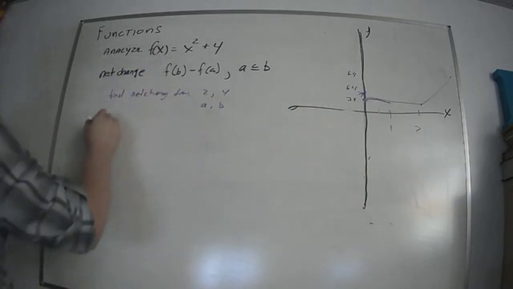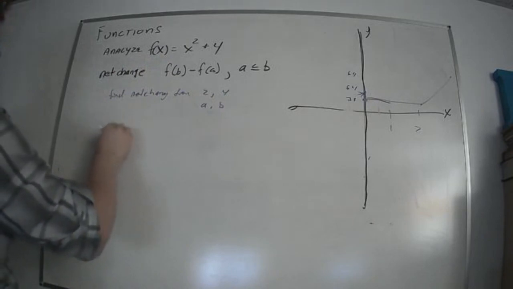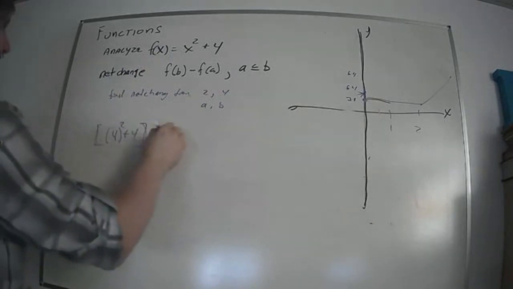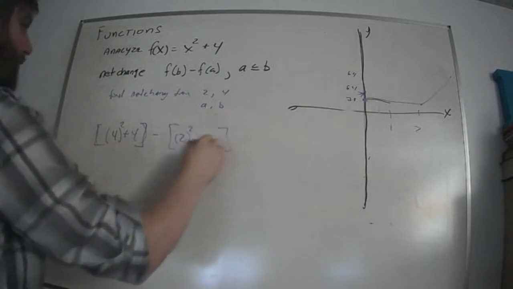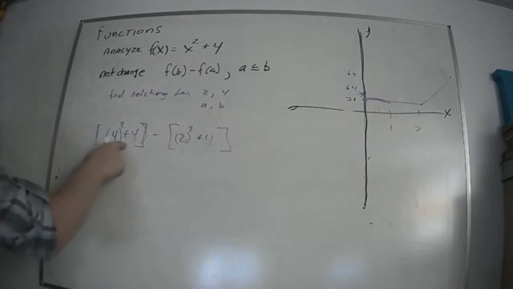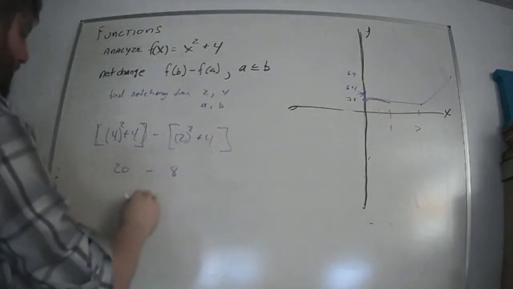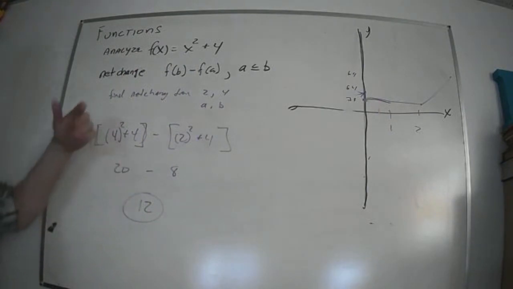I have f of B equals 4 squared plus 4, minus f of A, which is 2 squared plus 4. All right. So 4 squared is 16, plus 4 is 20, minus 2 squared is 4, plus 4 is 8. So from f of 2 to f of 4, my net change is 12. So the value of the function changes by 12 when the domain changes by 4, in this case.